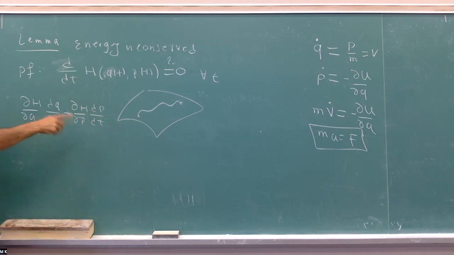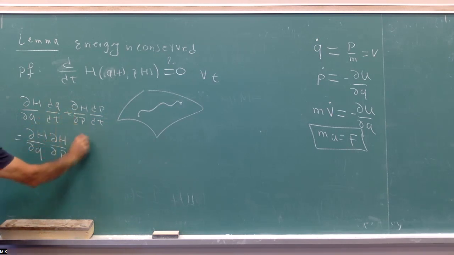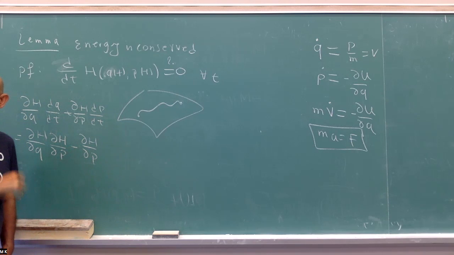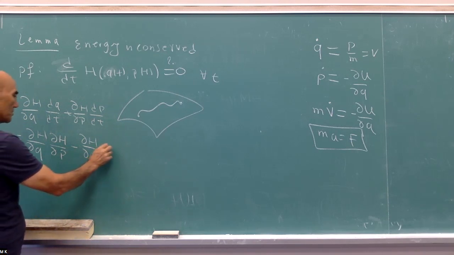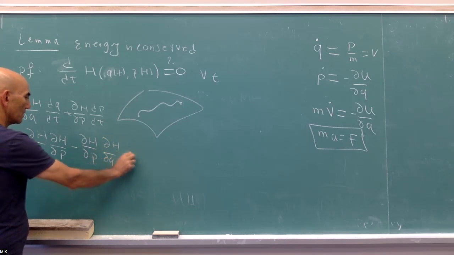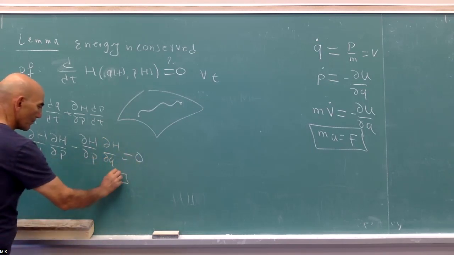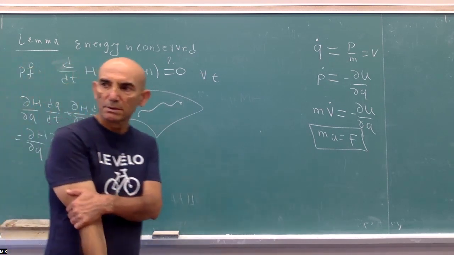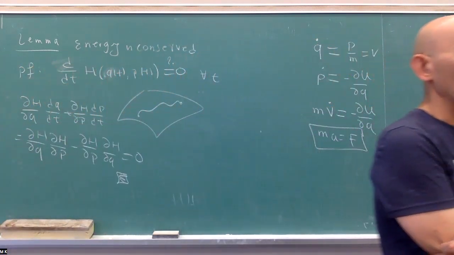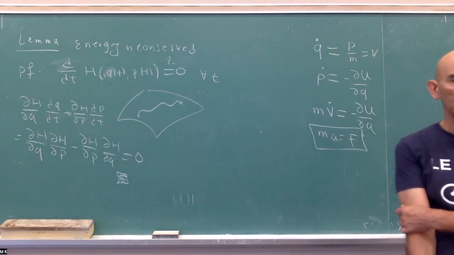But on this path, of course, dQ/dt, the Q dot, is dH/dP, and P dot is minus dH/dQ. And so the terms cancel. That's the conservation of energy, just a very simple matter in this case.